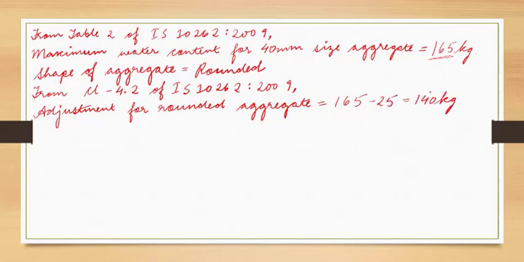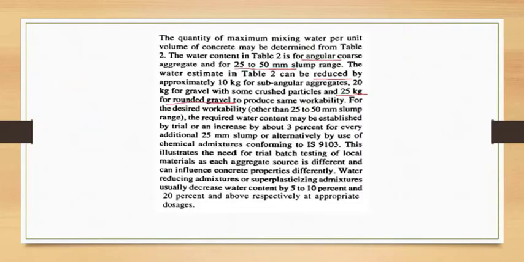Next is the adjustment for slump. So let us see what that adjustment is. If the slump is in the 25 mm to 50 mm range, then we do not have to make any adjustment. But if it is more, then the adjustment is an increase by about 3% for every additional 25 mm slump. So whatever is more than the 25 to 50 mm range, we have to add. How much do we add?